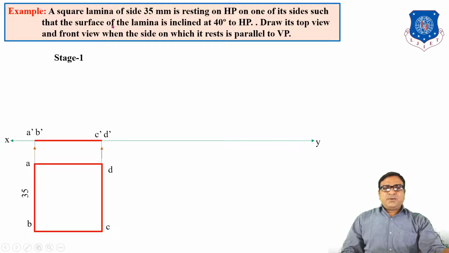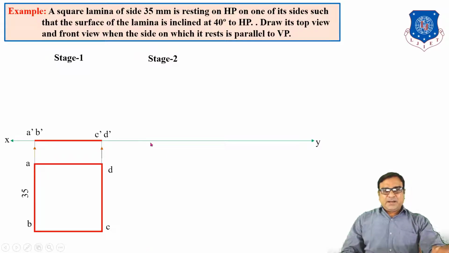But in the problem we want the surface to be inclined 40 degree to HP. So our next stage is when the surface is inclined to HP at 40 degree. So this is the front view, a horizontal line. We have to redraw this line here, in which the angle between this line and XY is 40 degree.